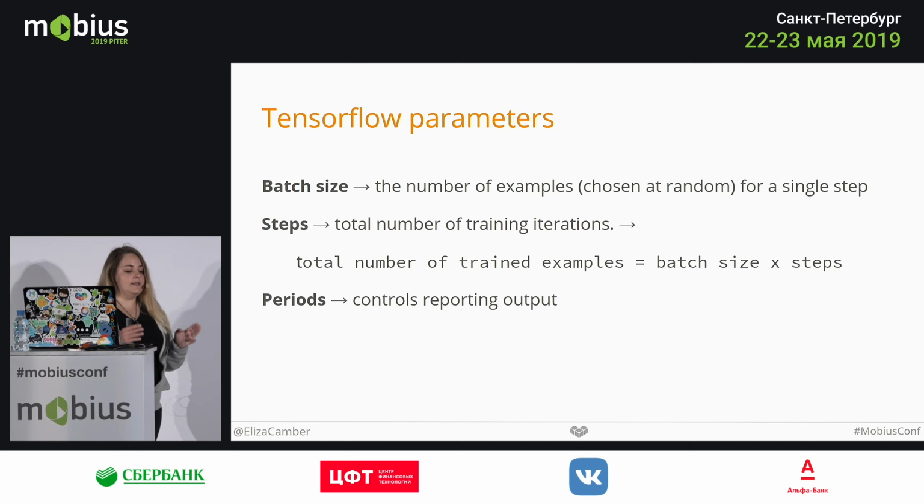And the steps is the total number of training iterations. So you can have, like, 10,000 steps of 100,000 samples in each. And then you have the periods, which is just how often you are going to log the output in order to be able to see how your model is faring.